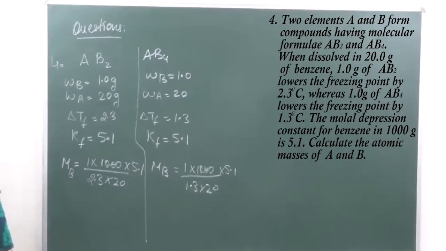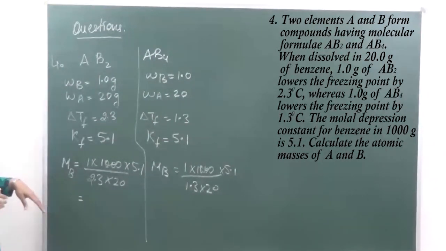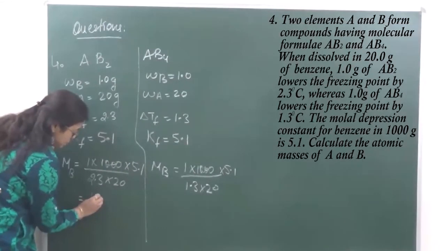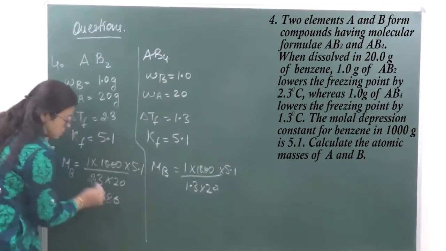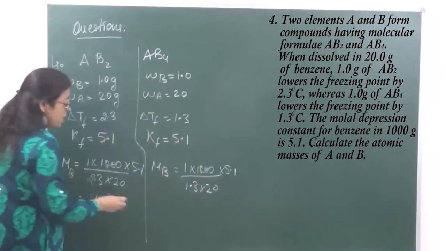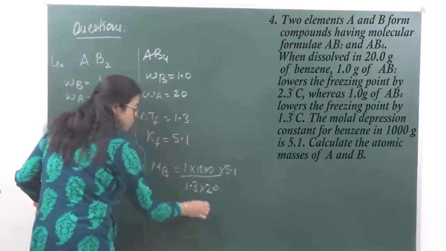So MB in the first case is coming to 110.86, and MB in the second case is coming to 196.15.